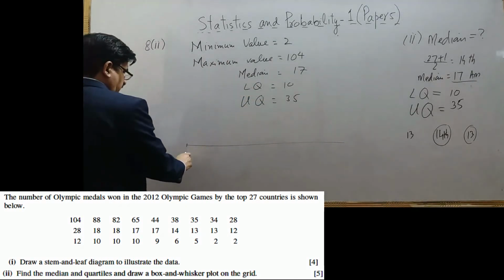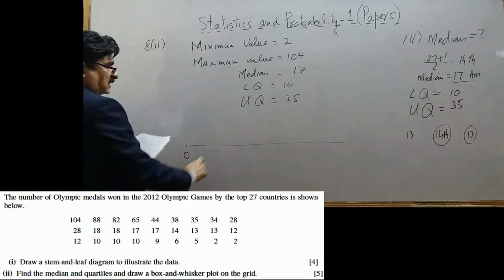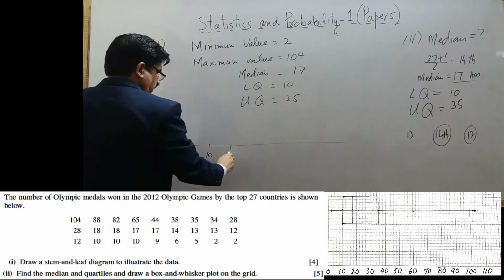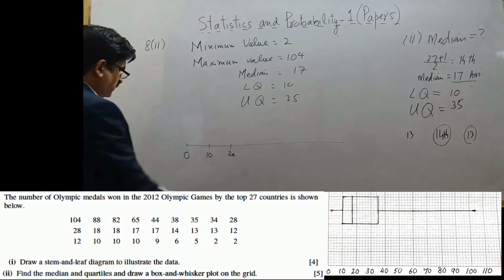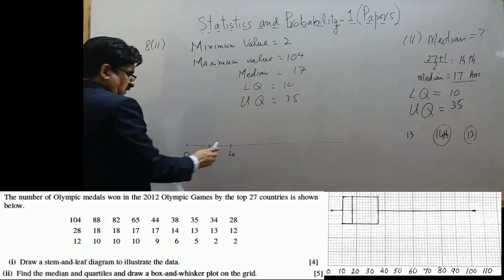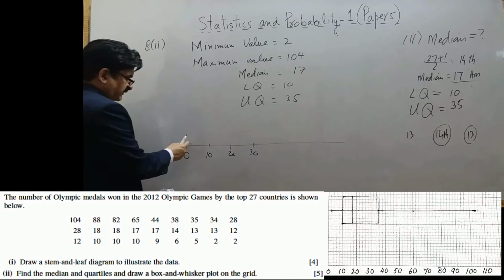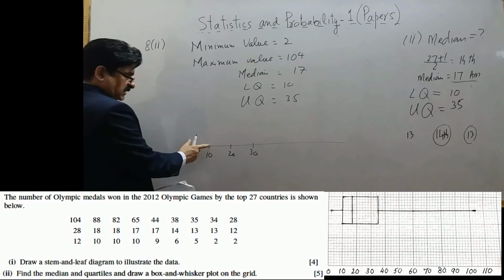You can start from 0 because the lowest value is 2. Then we have 10, then 20. So I am taking one box as 10. So 10, 20, 30 and so on. See that there are 5 boxes inside this.